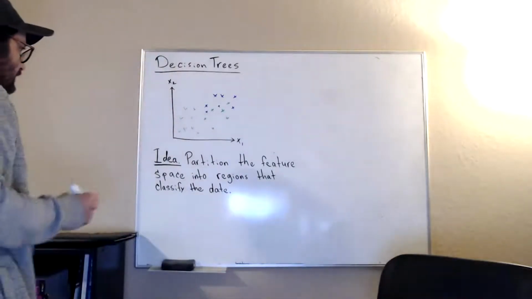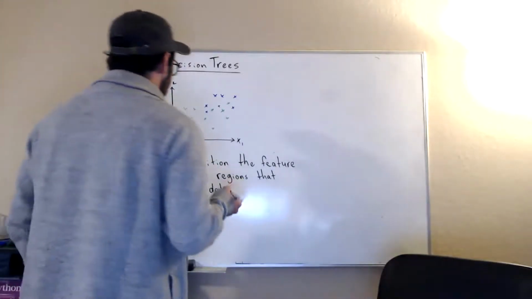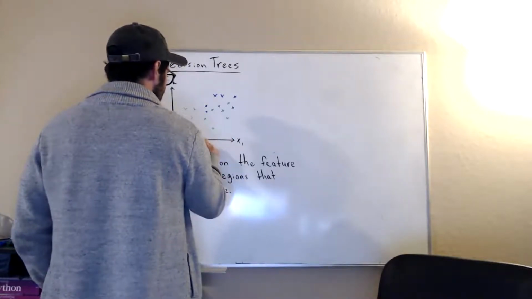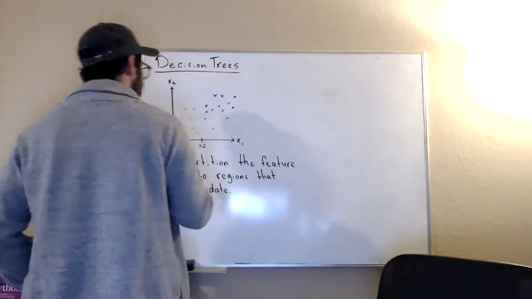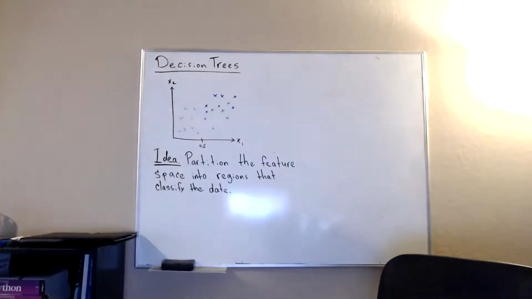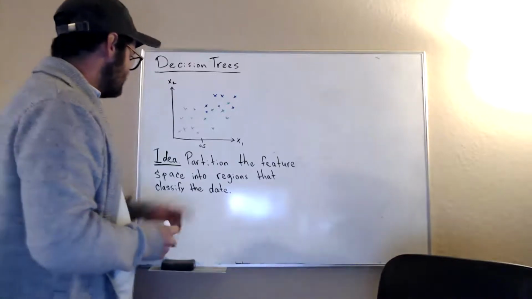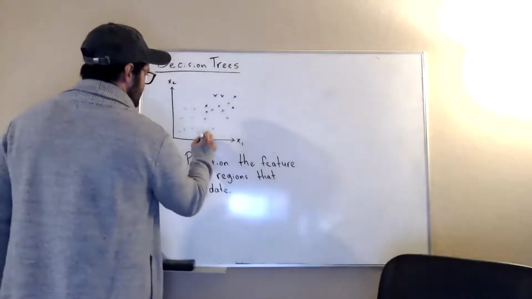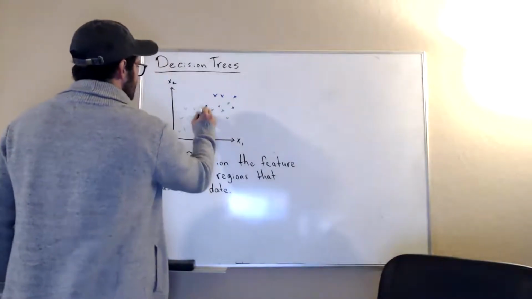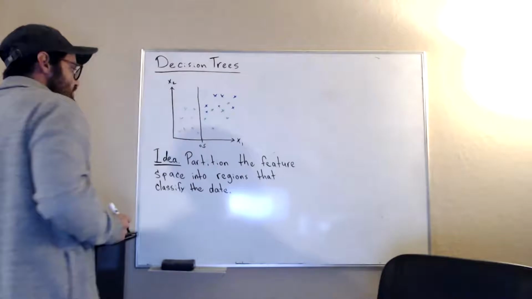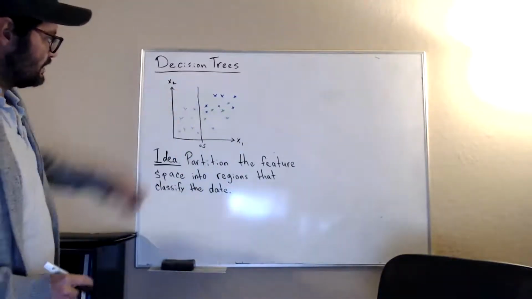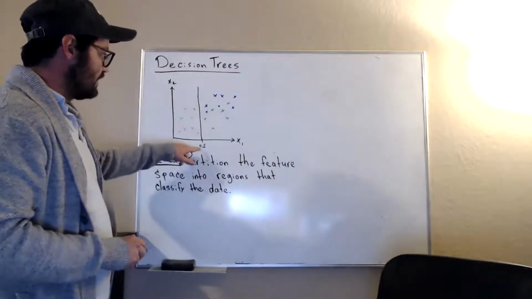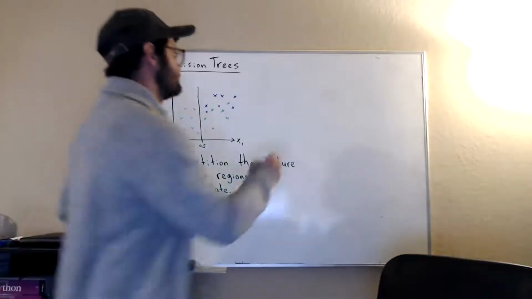So, for example, if this measure here was like 0.5, so originally we have this one big region here. So we notice that if we cut the feature space like this, then everything on the left-hand side could be classified as brown.